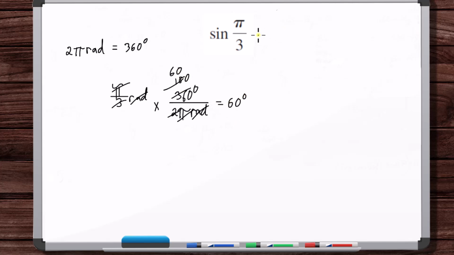So sine of pi over 3 is equivalent to sine of 60 degrees. What's sine of 60? Let's draw the reference 30, 60, 90 triangle. So this is 2, this is 1, this is root 3. Sine of 60, opposite over hypotenuse, that's root 3 over 2.